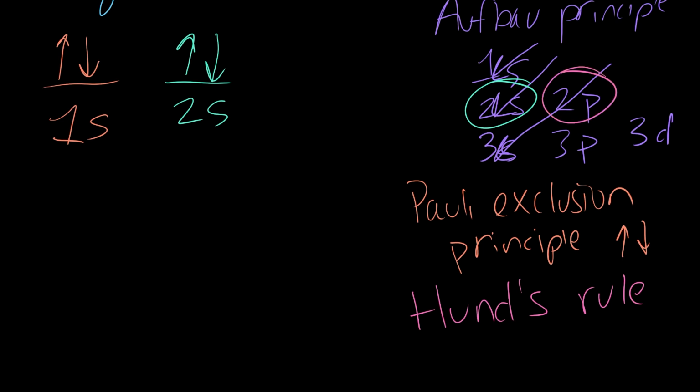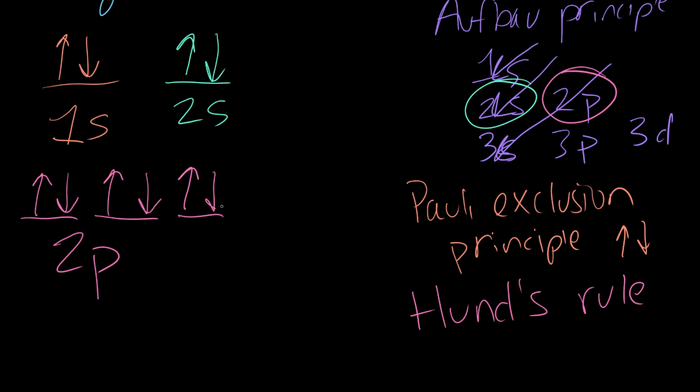That would be the 2p subshell. 2p has how many orbitals? 3. And because each orbital holds 2 electrons, 6 electrons fill the 2p subshell. But with Hund's rule, we add 1 electron to each orbital before adding an additional electron with the opposite spin.